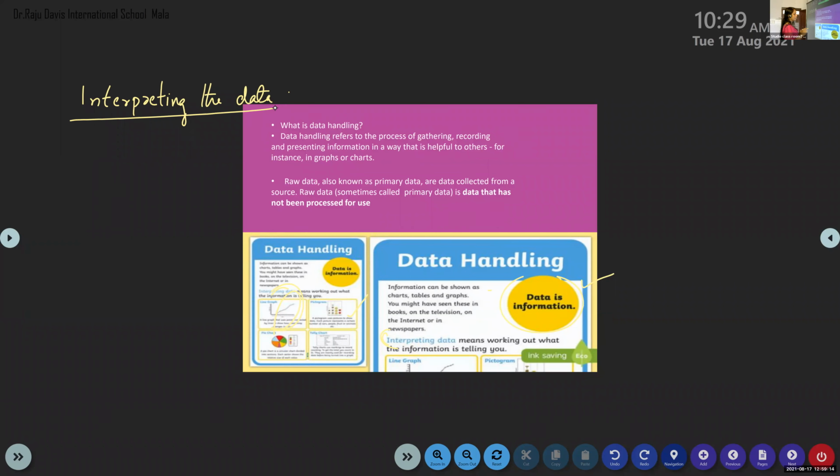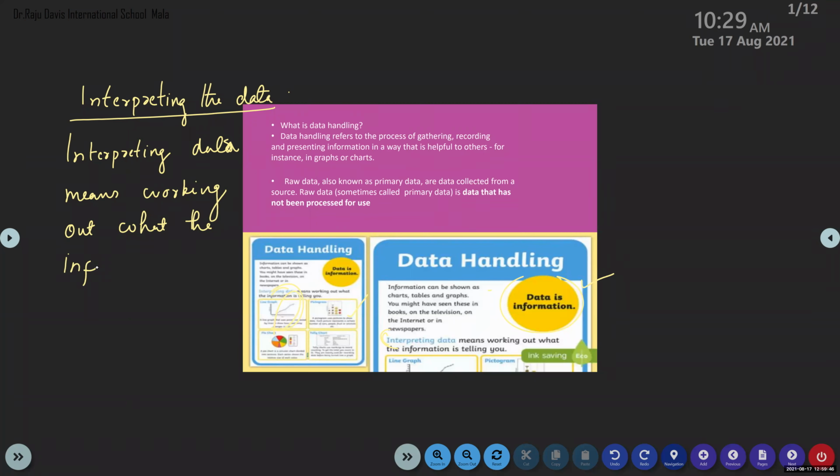Interpreting data means working out what the information is telling you.